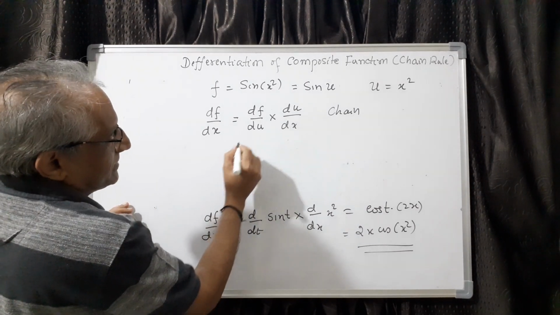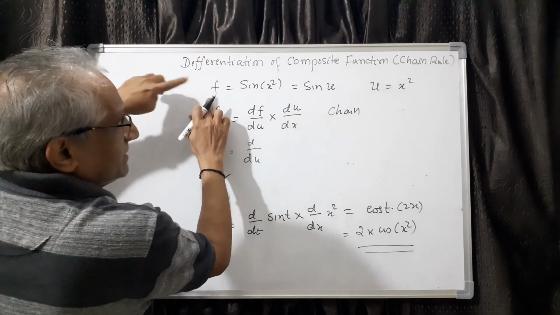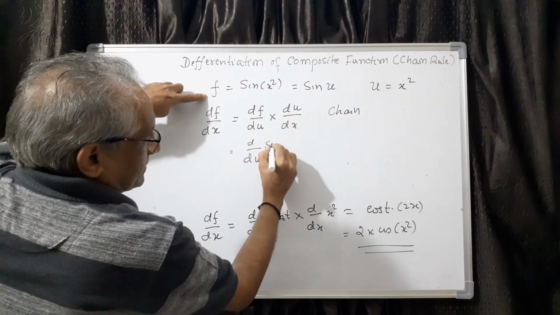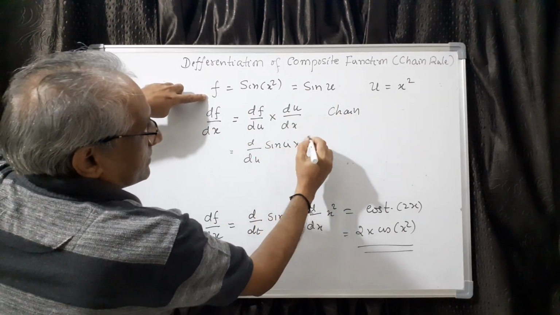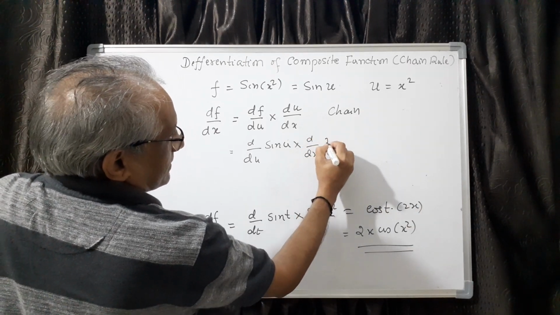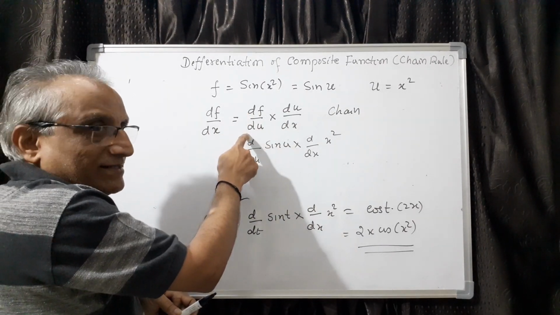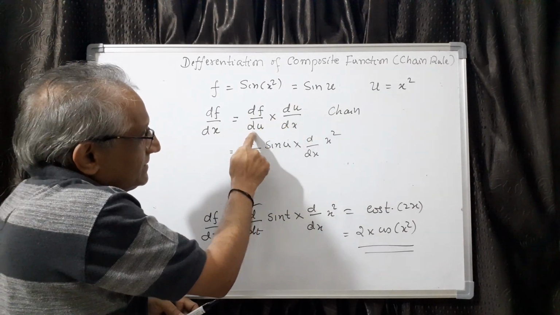Now see here, d by du of f. f is now sin u, so it is sin u into d by dx of x square, and here also it is very easy. df by du into du by dx. Whatever is here, that is here.